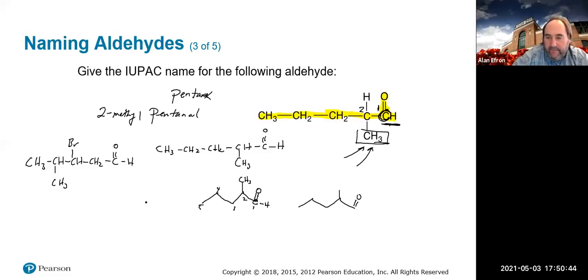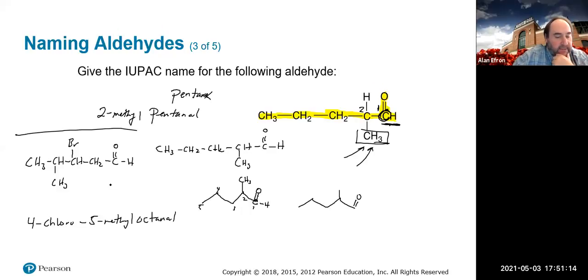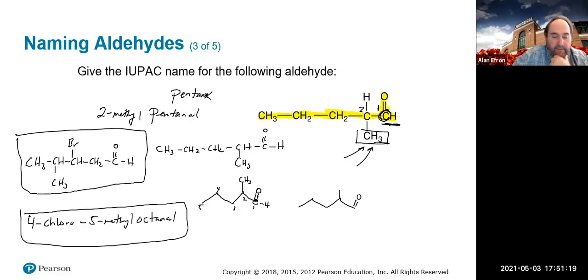Once you give that name, let's do 4-chloro-5-methyl octanal. Why don't you draw the structure for that guy? So let's do name on this one. Let's do structure on that one there.